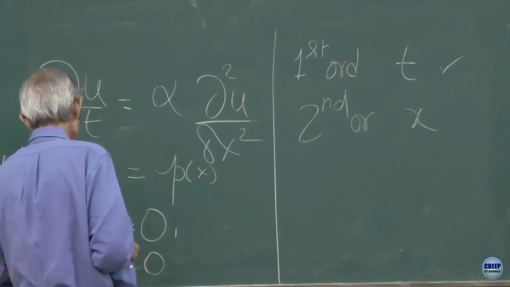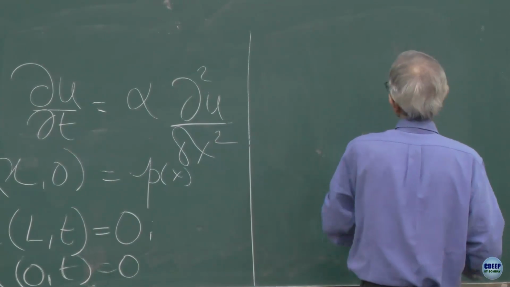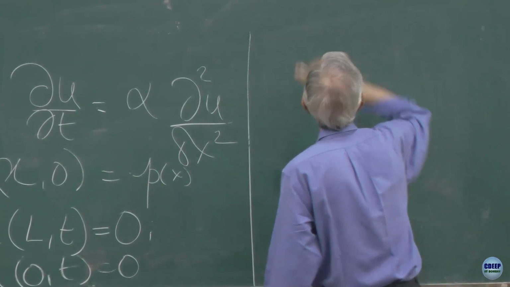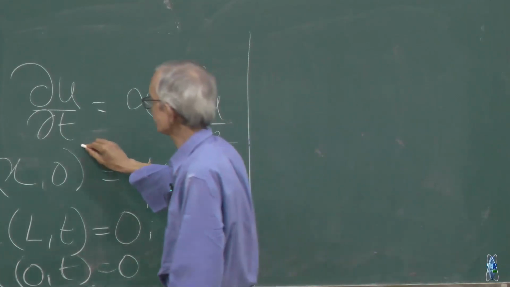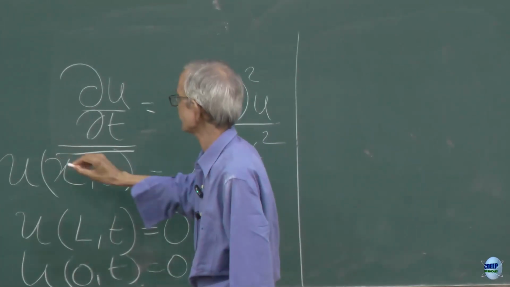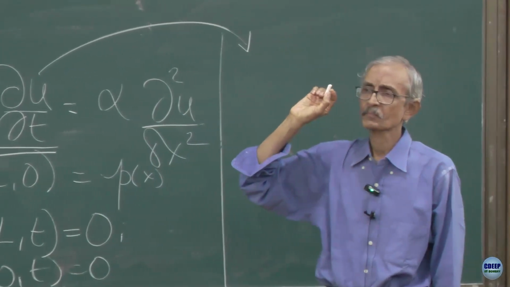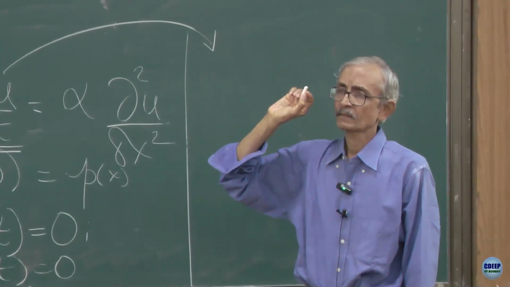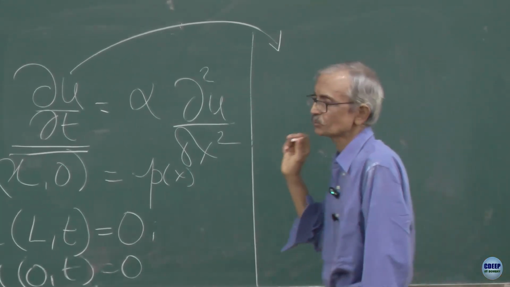So we say now u is equal to X(x) times T(t). So what would I get for partial u partial t? What would partial u partial t become? U is X T. So what is del u del t?